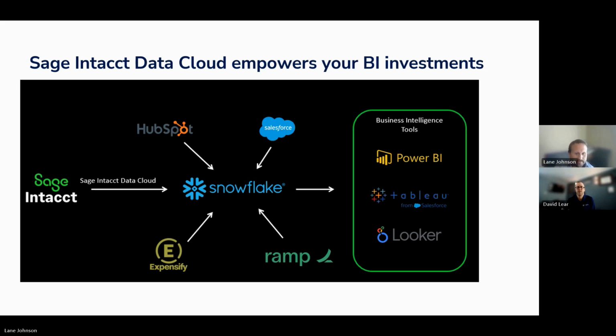Yeah, I'll just say this is something that comes up a lot in conversations with customers and with people who are exploring Sage Intacct as a new add to their tech stack.